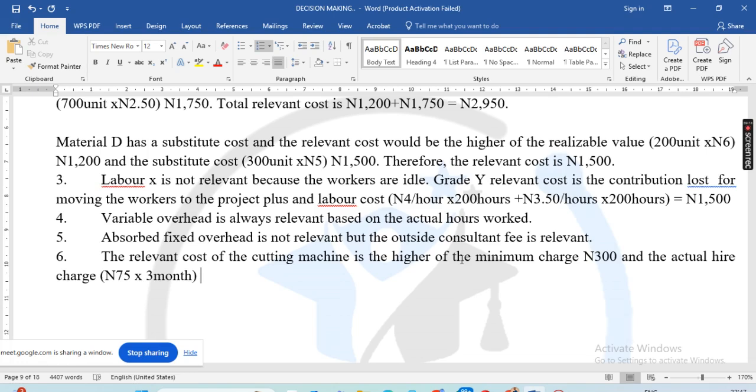So what do you have? 225. Good. So which one is the higher? Therefore, 300 is higher, because that is the minimum. That is the minimum, right?